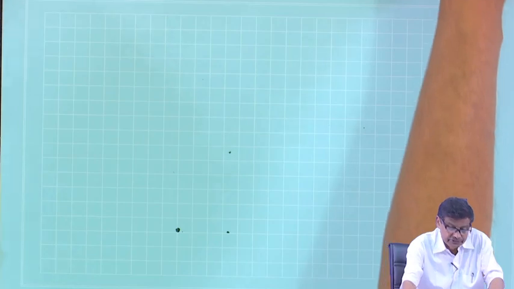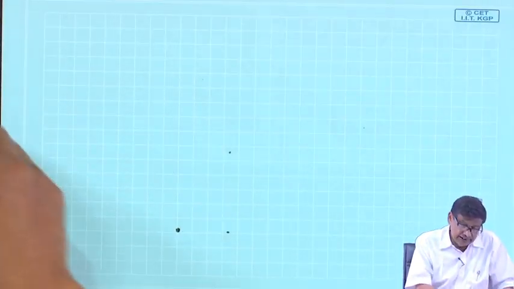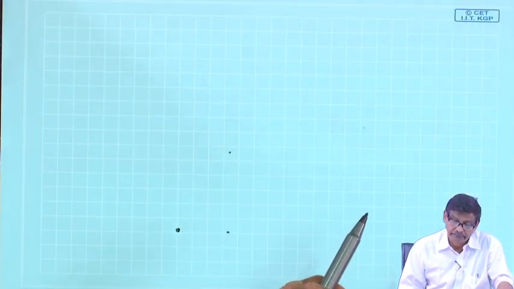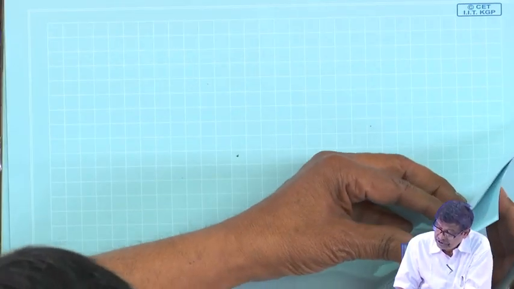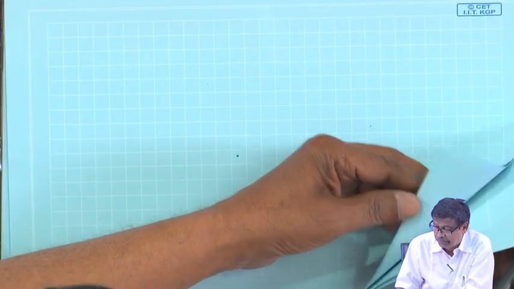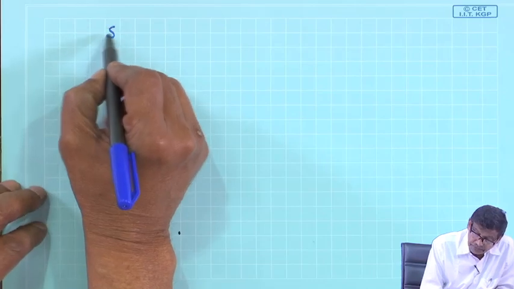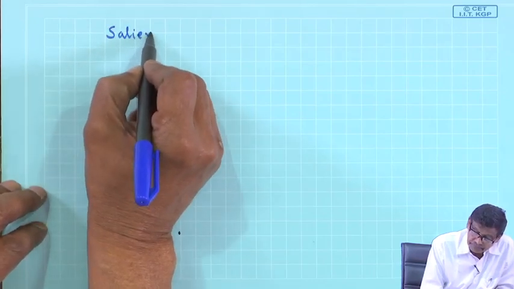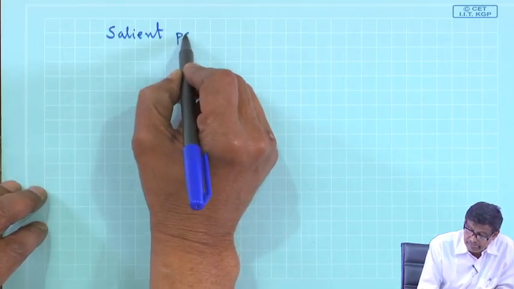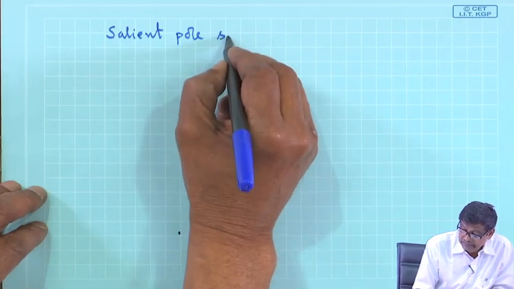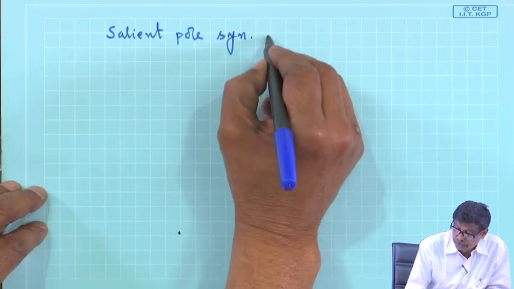Now, similarly, let us draw the phasor diagram of a salient pole synchronous motor connected to bus and field current brought to 0. So, salient pole synchronous motor.